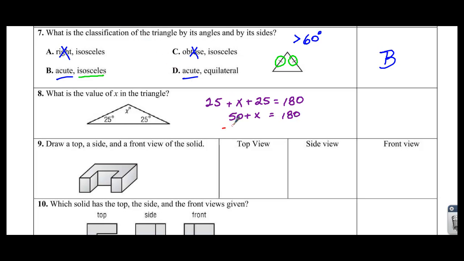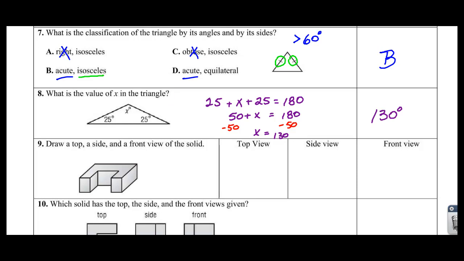If we take away the 50, we get x is equal to 130. So x is 130 degrees, which makes it what kind of angle? That's correct. It makes it an obtuse angle.